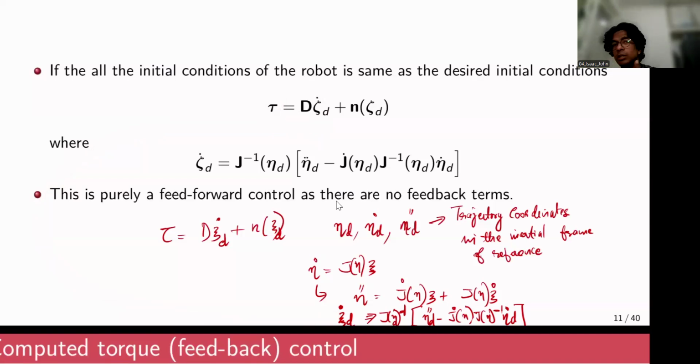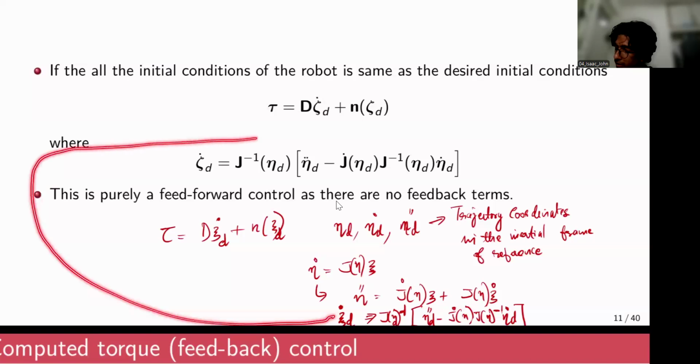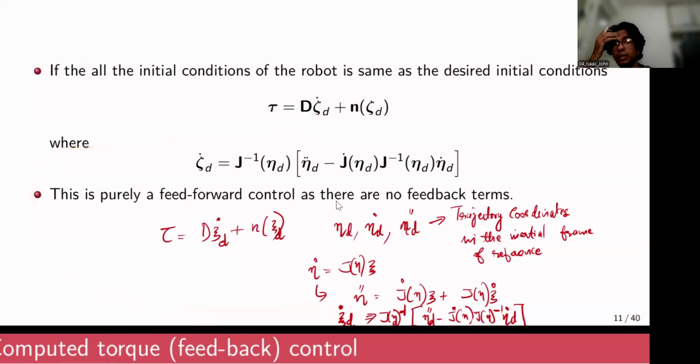As you can notice, there is no feedback term. There is no error between the actual coordinates and the desired coordinates. Everything is fed forward through the control process. So that's about this inverse dynamics control law.